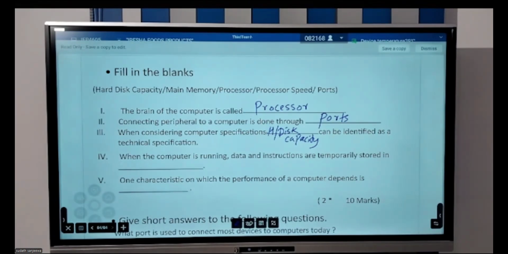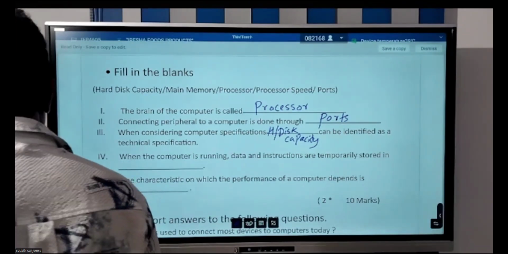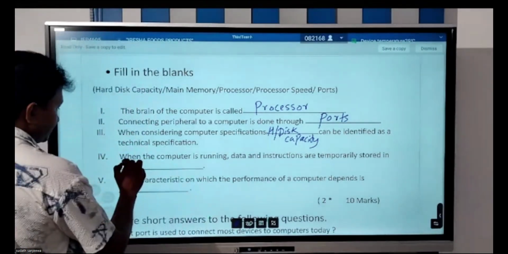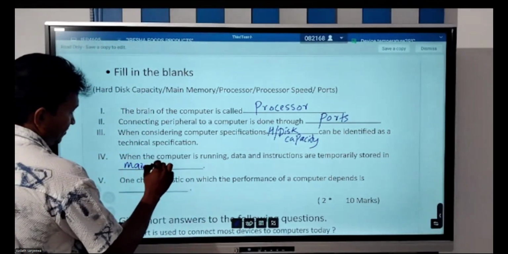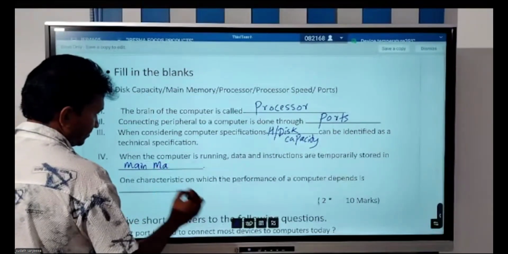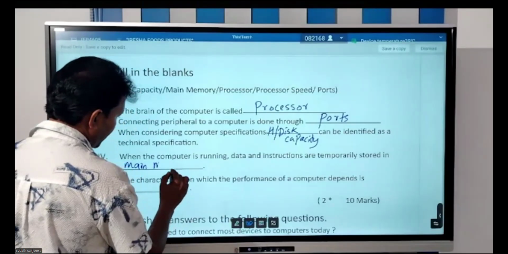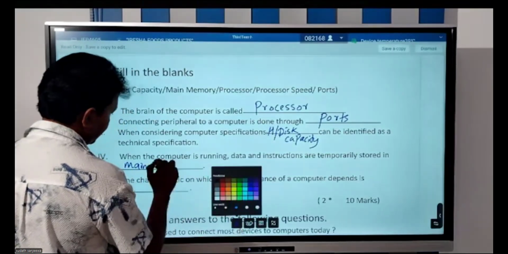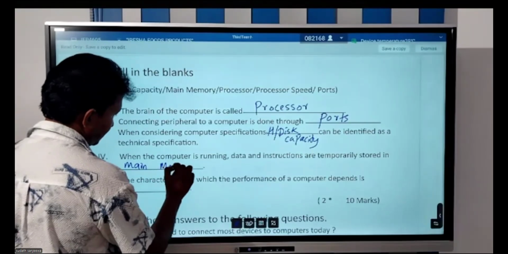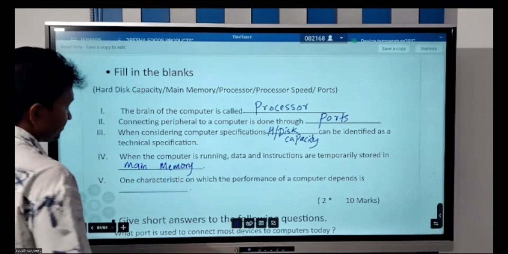Main memory. So what is the main memory of the computer?